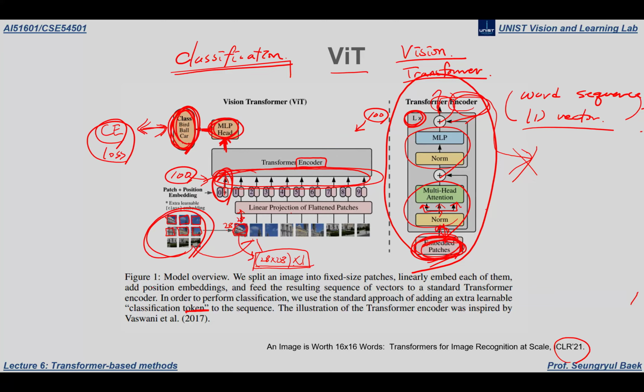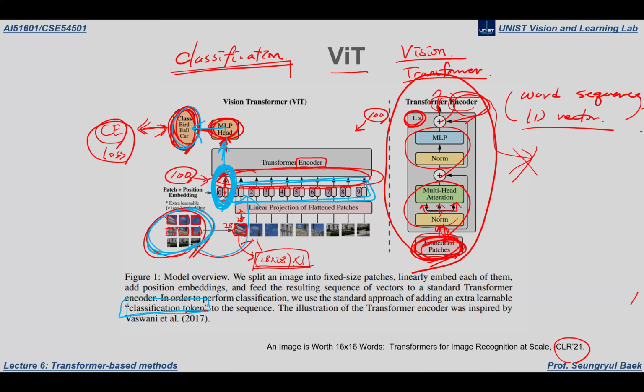So I already told you that there is a classification token here. The remaining input tokens come from the original input image, but we need an extra token, which is called the classification token. Eventually, this classification token will be transformed to the class probability. Are you guys following that?